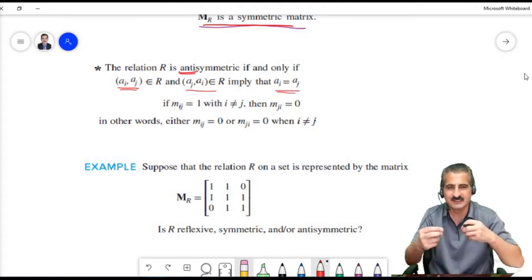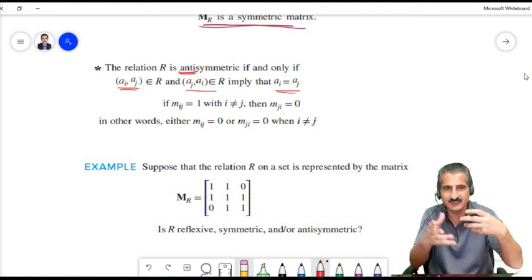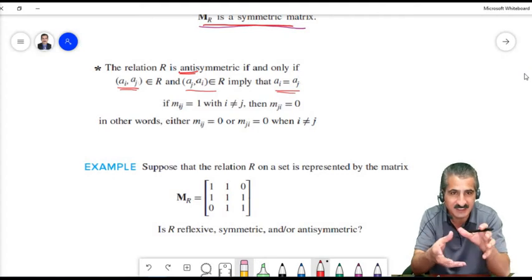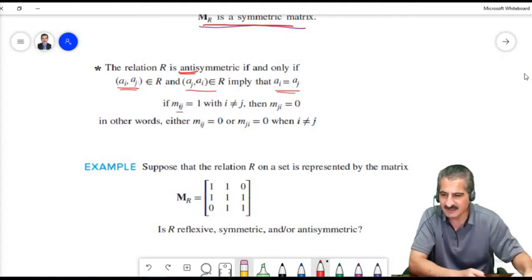Which means if the first is related to the second and the second is related to the first, then these two elements must be the same. If they are not the same, then it is not antisymmetric. That means if Mij equals 1, with i not equal to j, then we must have Mji equals 0.